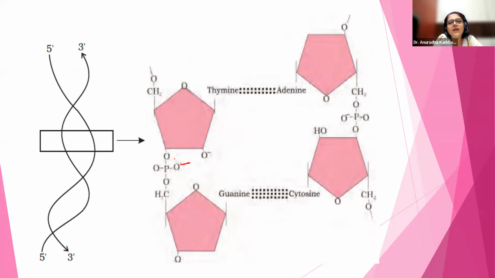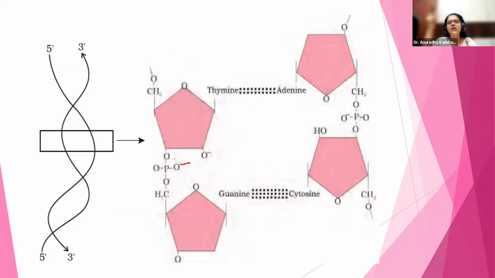When we write it this way, O minus. Come on, this is chemistry, it's not bio. Yeah, it's going to be phosphate ions in the ion form we are talking about. Correct? So that is why they are showing it with a negative sign.